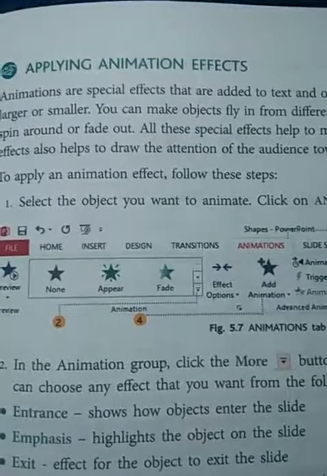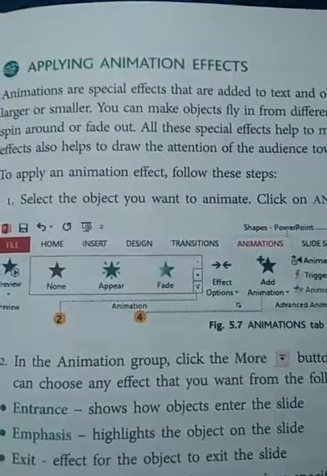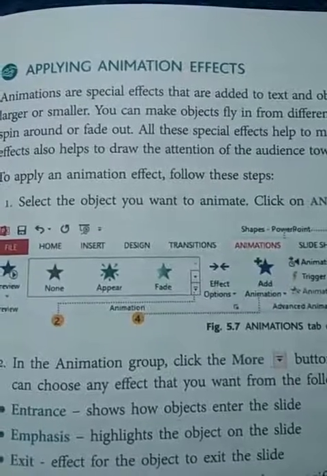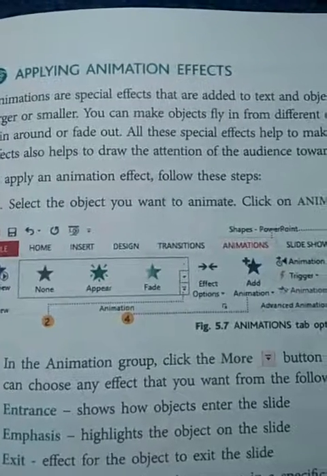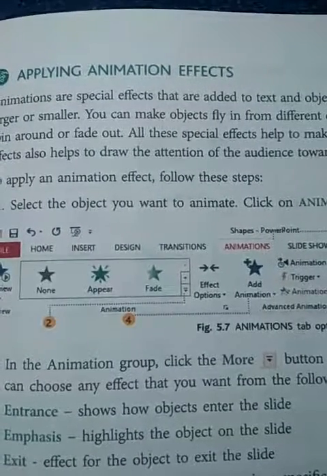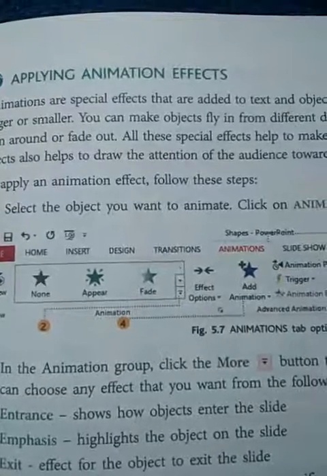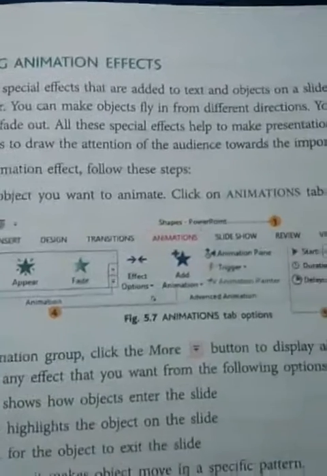The first topic is applying animation effects. An animation effect is also called a custom effect, and we can apply it to any object in a slide. When we apply these effects, they will be applied to that object when the slide is shown in full screen.